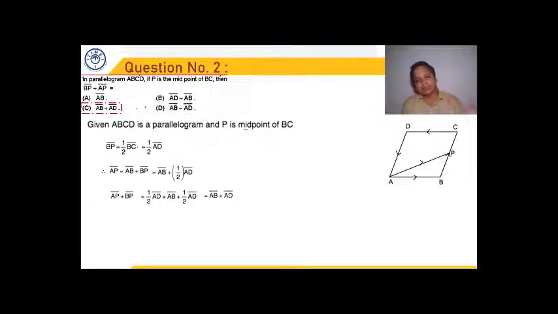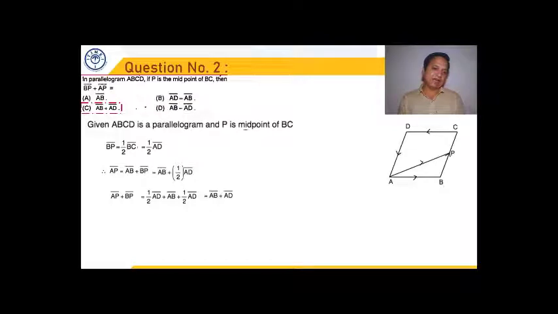Somewhere we have to keep option into consideration. If options are asking for only AB and AD, so we try to convert, we replace BC by AD. So BC by 2 becomes AD by 2. And then we apply the basic law, AP is equal to AB plus BP. And AB is there in the option, BP is replaced by AD by 2.